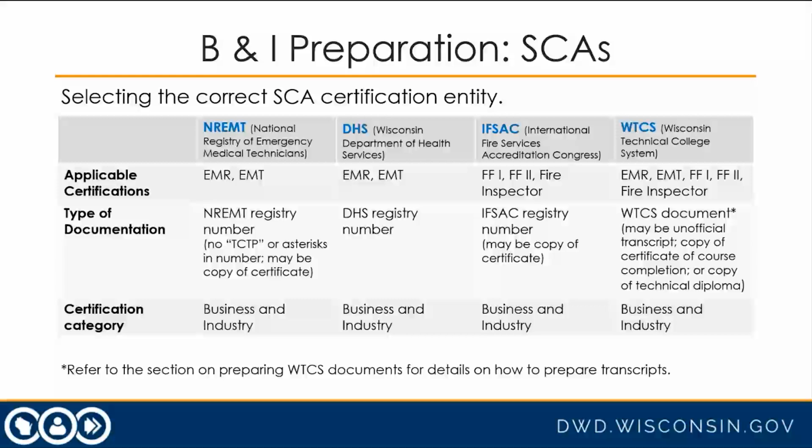NREMT registry numbers with TCTP in them are ineligible because that designates student status and that the student didn't complete the certification process. Also, we are unable to verify registry numbers with asterisks. Because you'll provide us with the complete registry number, no documents need to be uploaded except if there is a name mismatch.